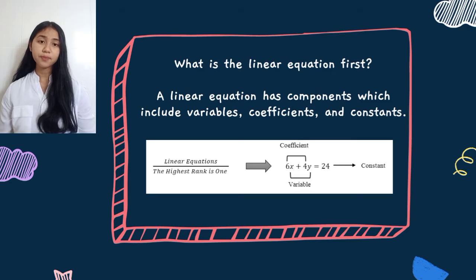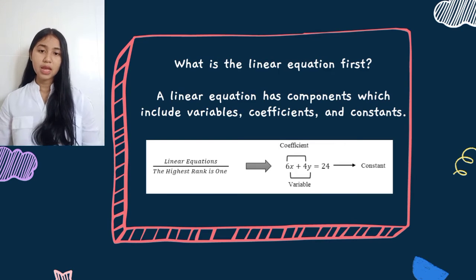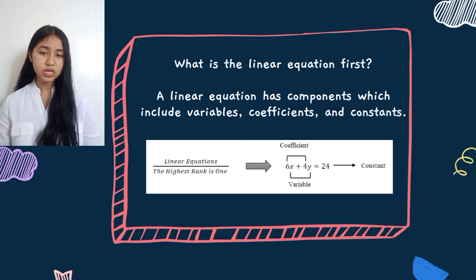So for example, 6x plus 4y equal to 24, where 6 and 4 are coefficients, x and y are variables, and 24 is a constant. It is important for us to know what is a variable, what is a coefficient, and what is a constant. It is also important to remember that a linear equation has the characteristic that the highest power of all the variables in the equation is 1.